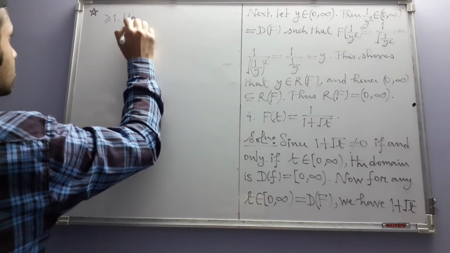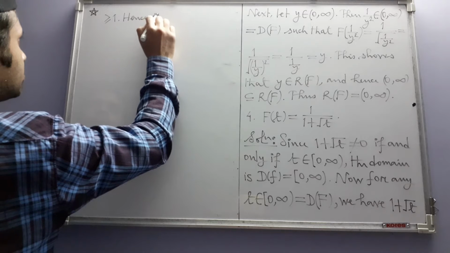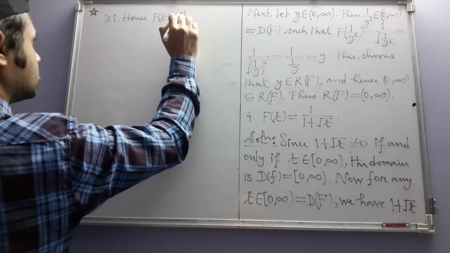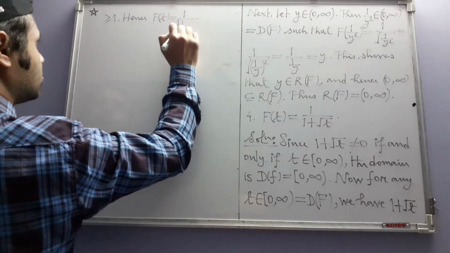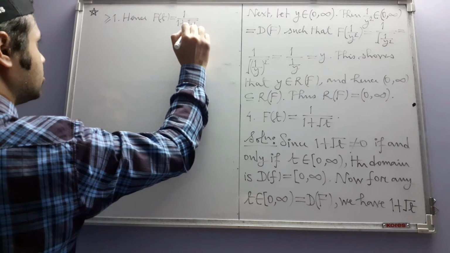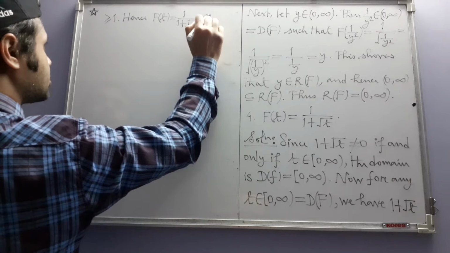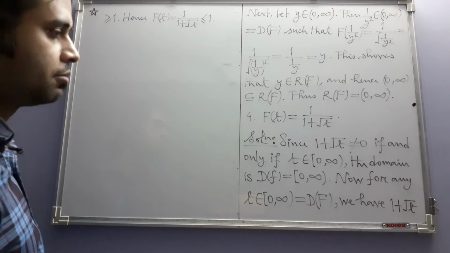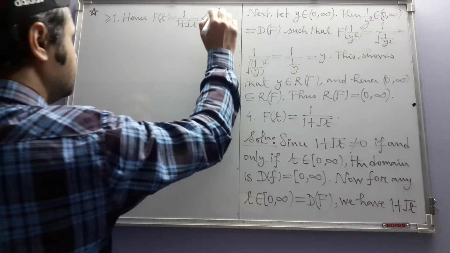Hence, f of t, which is 1 over 1 plus square root of t, is less than or equal to 1, which follows from this inequality.